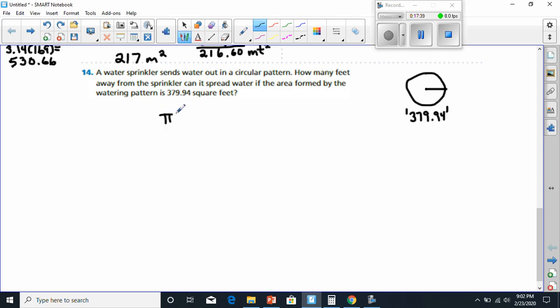If we have pi r squared equals the area, and this time they're telling us the area is 379.94, and that's going to be equal to, well, pi is 3.14, and we're going to multiply that by the radius after it's been squared. Well, first thing we're going to do is divide by 3.14.